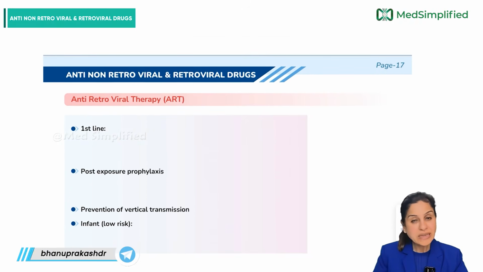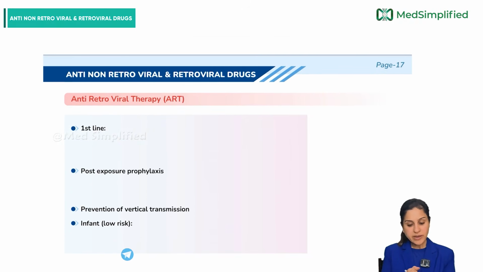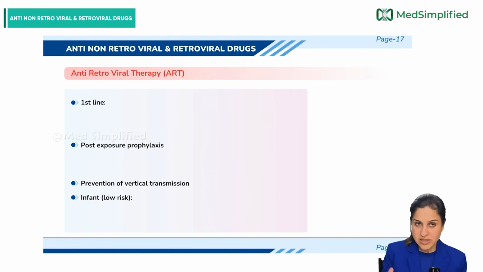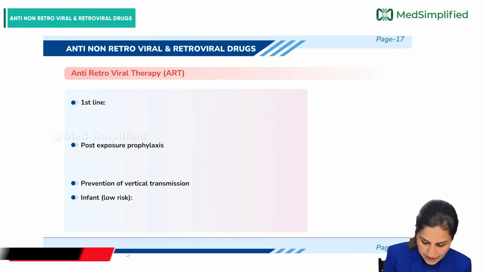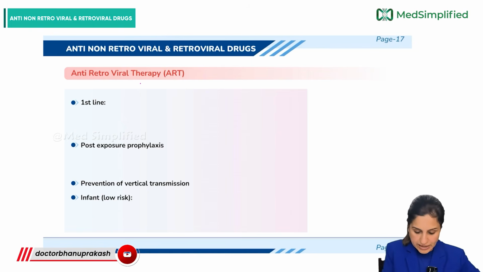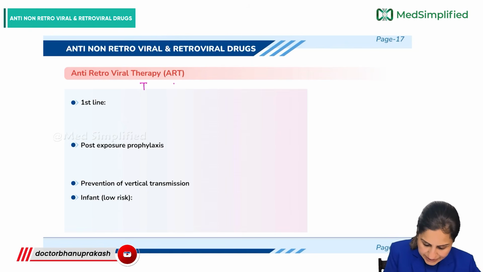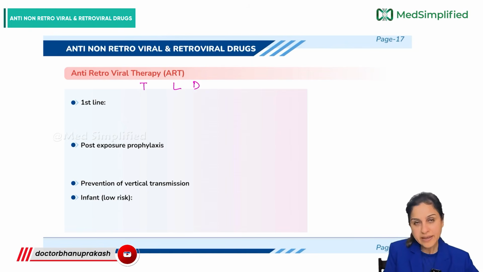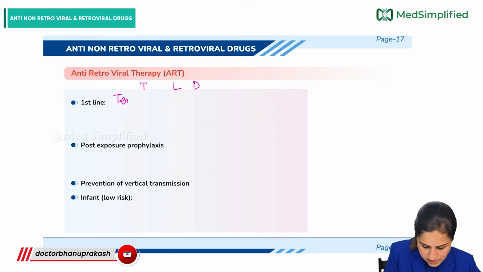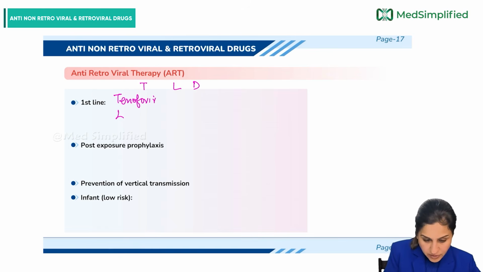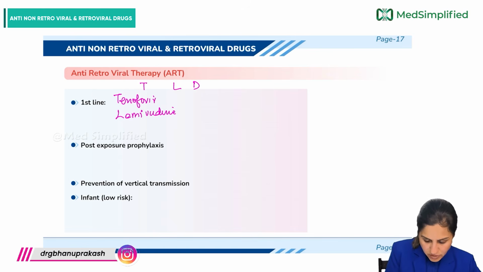Now moving on to the antiretroviral therapy. What are the drugs which are used for antiretroviral therapy? So here we have the first line drugs. Remember the regimen is TLD regimen. That is tenofovir, lamivudine, and dolutegravir.